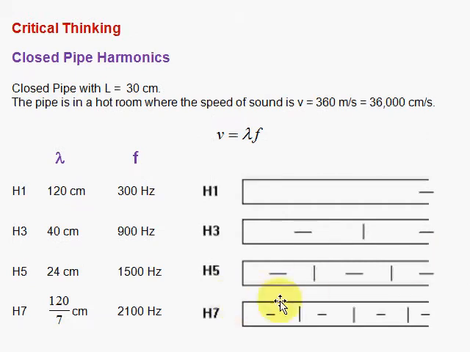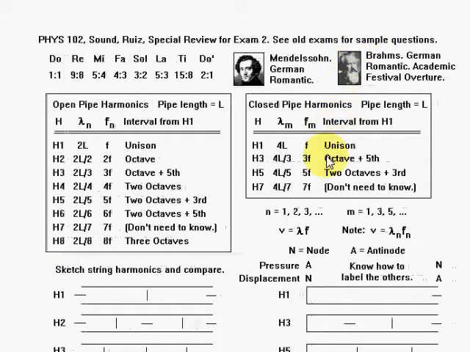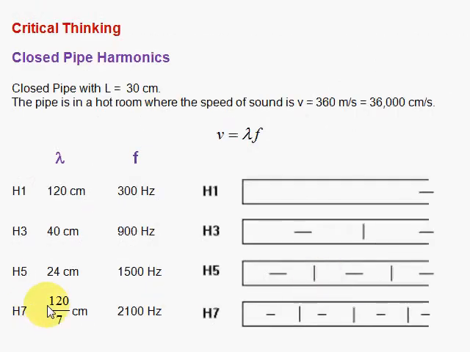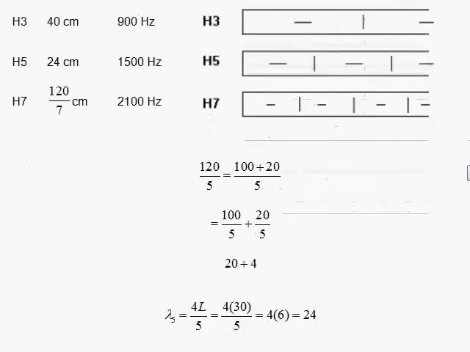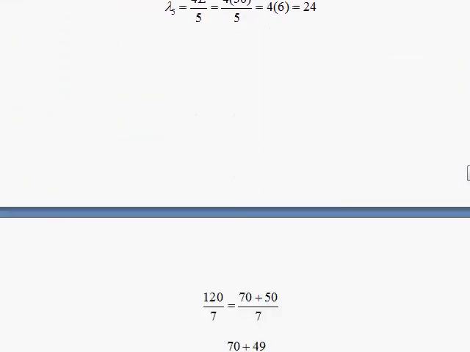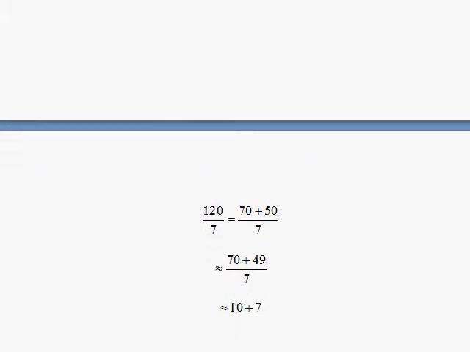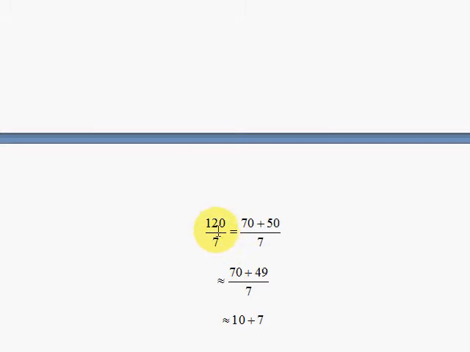For the 7th harmonic, which is the 4th case for the closed pipe, it's 4L over 7, and that one here is 120 over 7. That one doesn't divide out easily. But for a side little discussion, we can approximate that using the trick here, where we look at the 120 and split it up into 70 plus 50, because 7 into 70 goes 10 times.